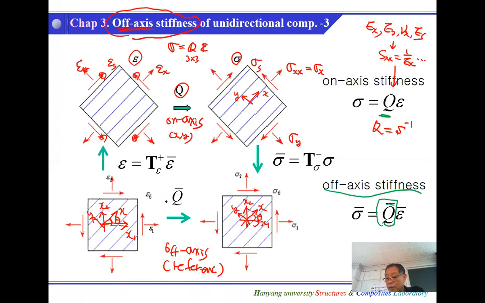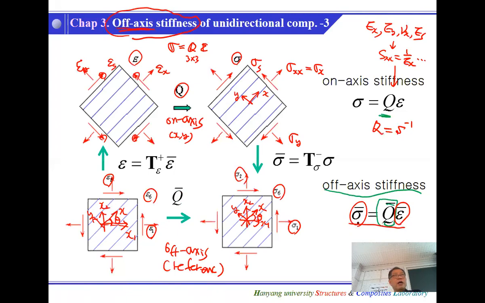Now the strain along the off-axis, we have epsilon 1, epsilon 2, and epsilon 6. And for off-axis stress, we have sigma 1, sigma 2, and sigma 6. Very similar to on-axis. Now, the off-axis stiffness we define using the symbol Q bar. Q bar relates the strain and stress.